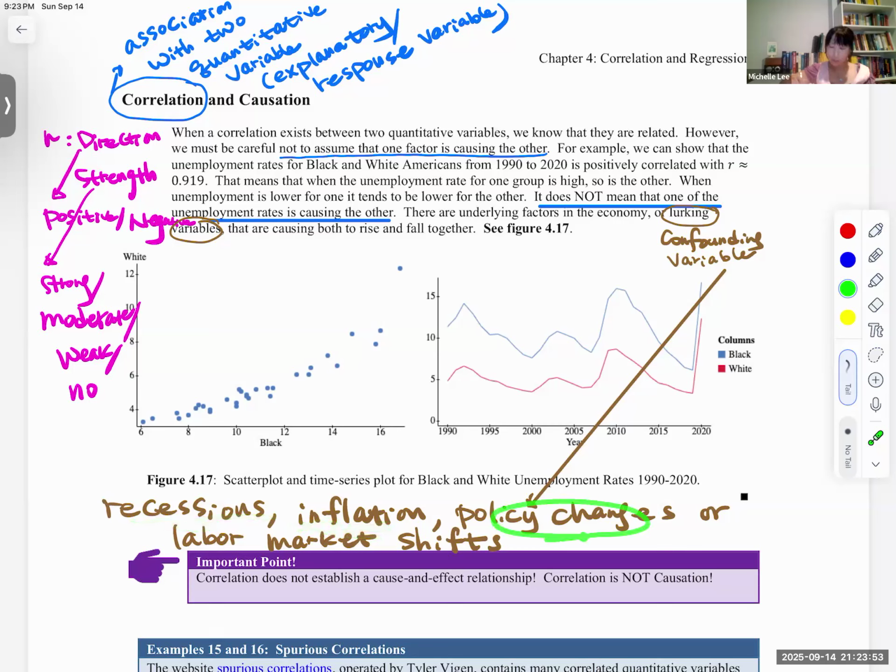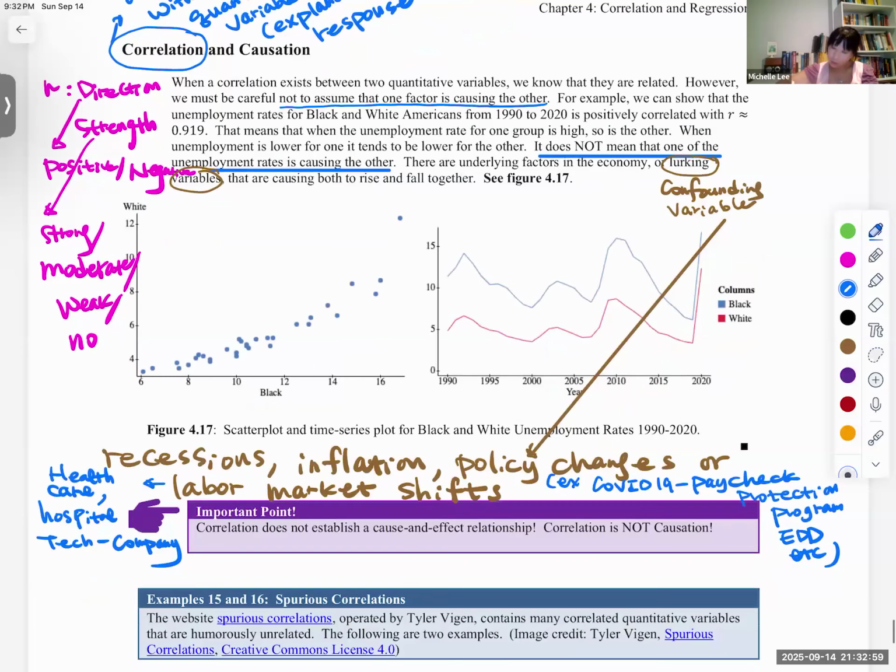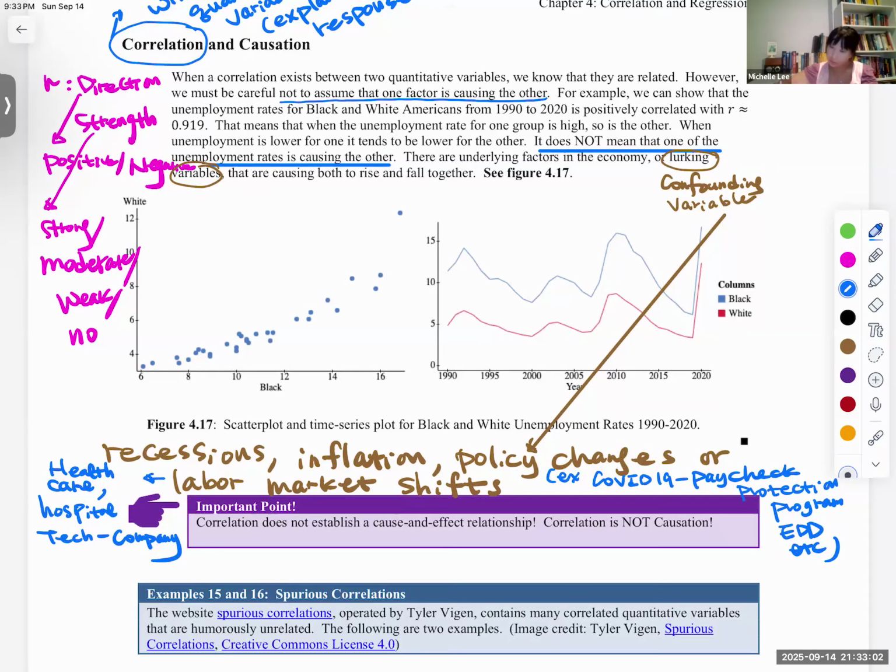And then policy change, it might be better policy and it goes up. Labor market shift, right? So policy change like during COVID-19, we had unemployment benefit and the COVID-19 Paycheck Protection Program, right? So the employee still can get the paycheck.